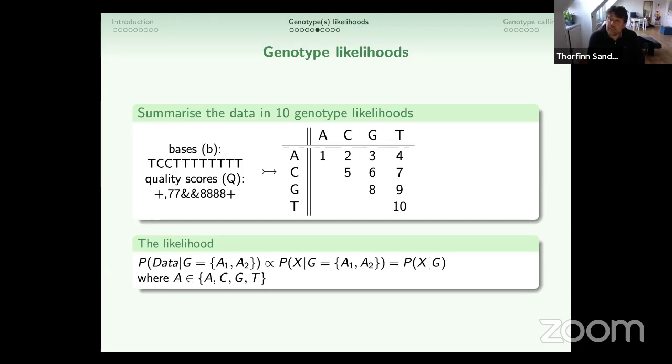We have 4 bases, and we cannot differentiate between an AC or a CA genotype. So we have 10 possible genotypes. What we want to do here is to calculate the probability distribution of these 10 different genotypes.